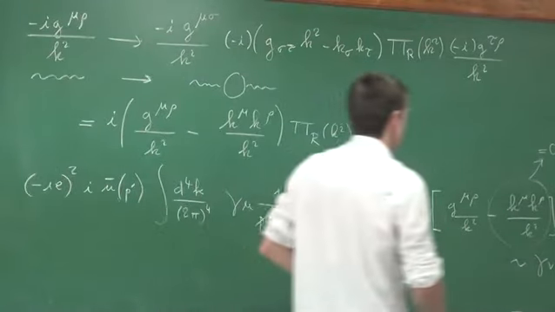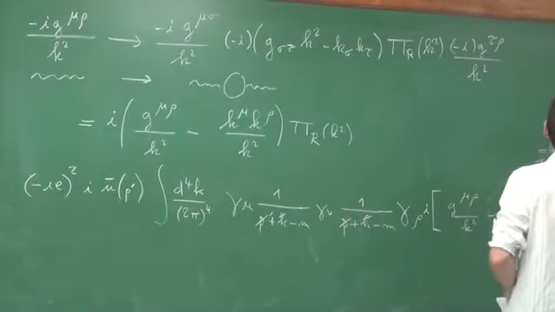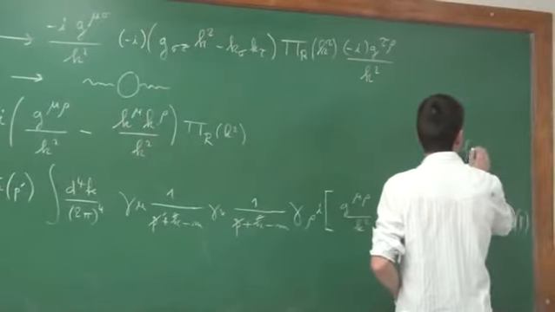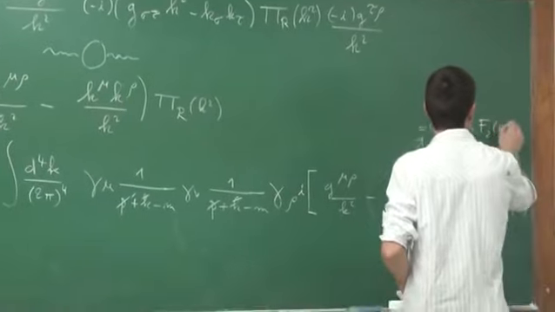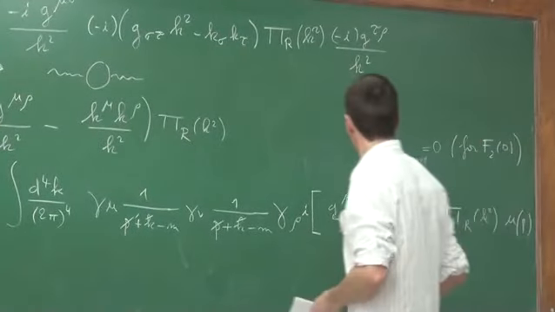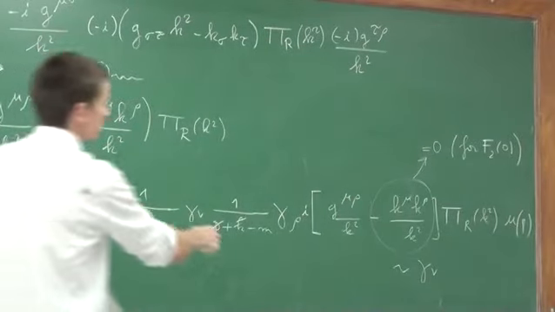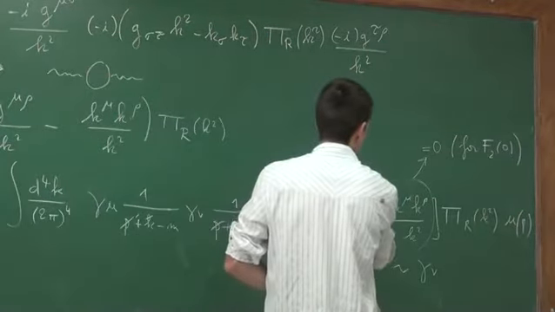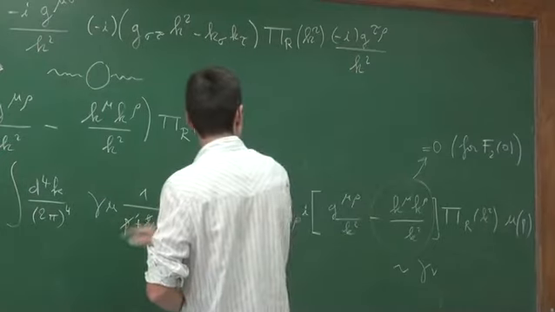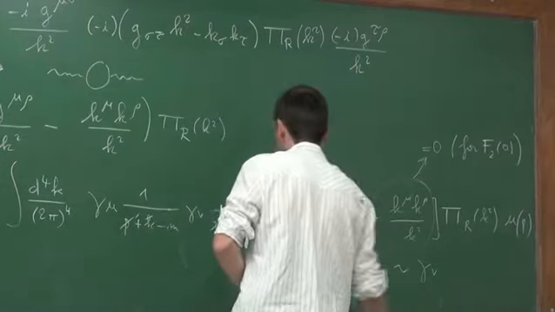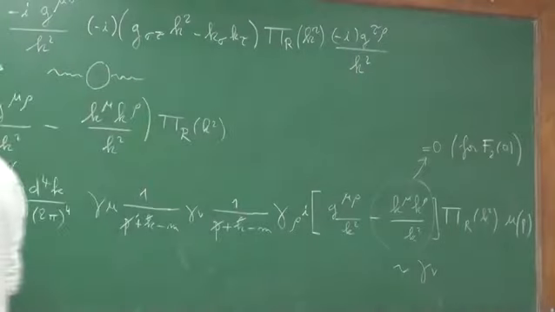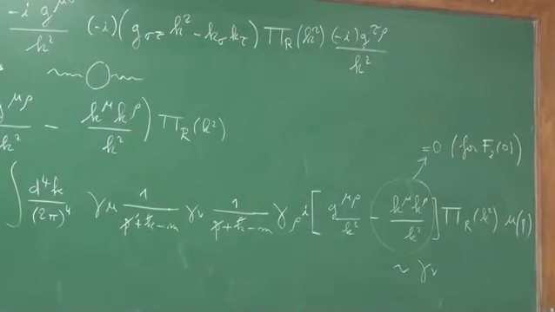Okay? So at the end, this will give 0 for F2. So now this we contract with this, and we are left with this.